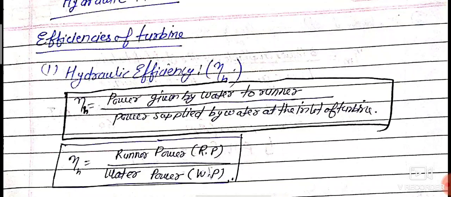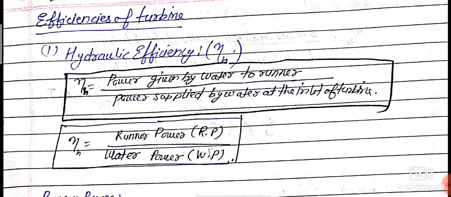It can be represented by eta H, or hydraulic efficiency. It is equal to the power given by water to the runner upon the power supplied by water at the inlet of turbine.